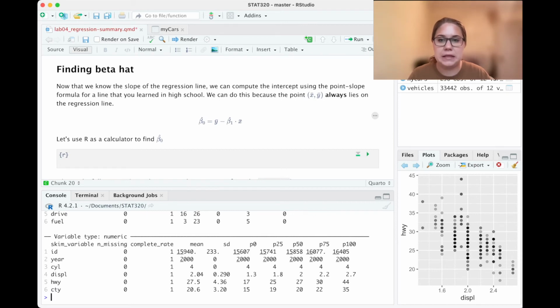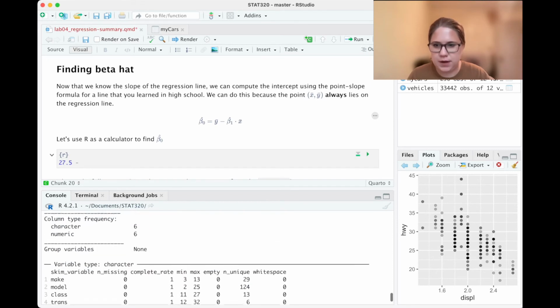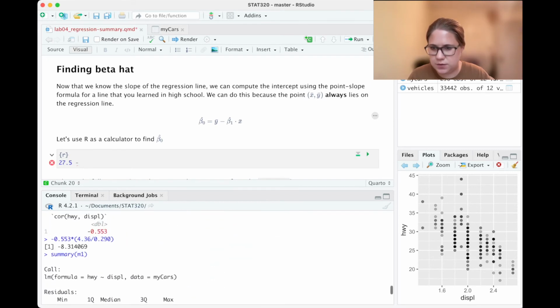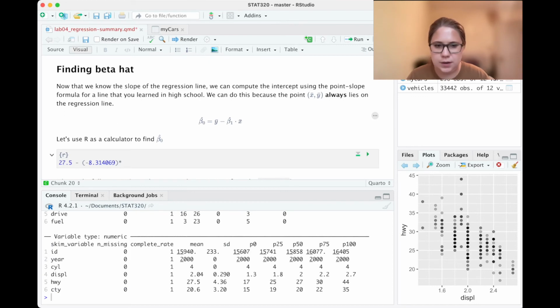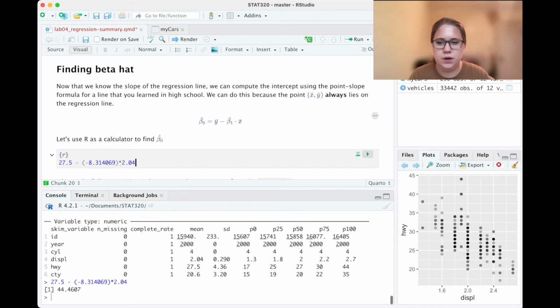Those are the means. So let's see, y bar would be highway bar. That's this mean. Minus my beta 1 that I had just found, which was this. It's going to be like minus a negative, so maybe I'll put it in parentheses. Times, and now I need my x bar. That would be my displacement bar, which is this mean. Hit the play. Okay, 44.46.